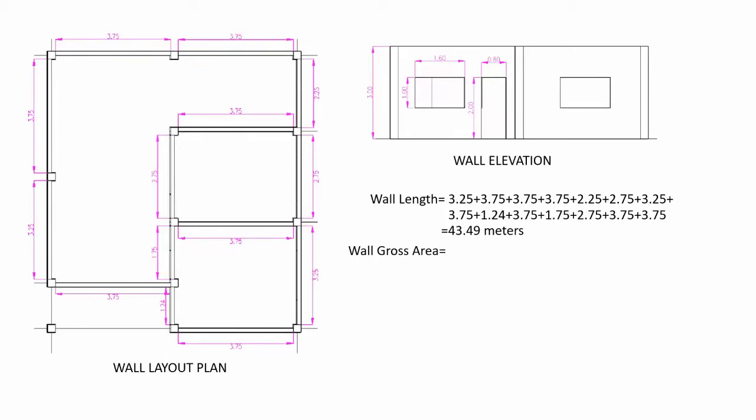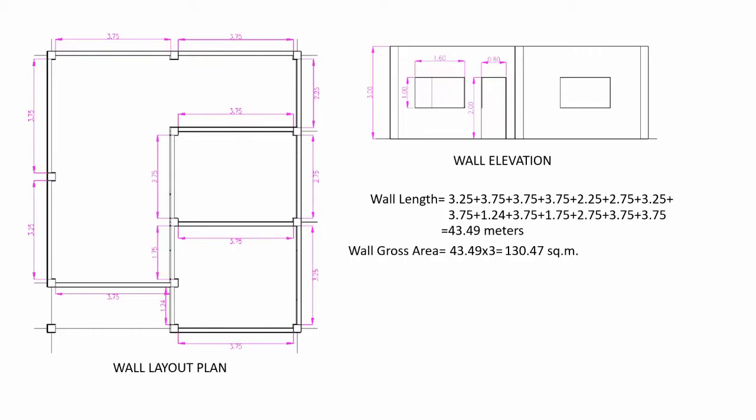Then the wall gross area is the total length times the vertical height of the wall, which is 3 meters. So 43.49 times 3 equals 130.47 square meters. This is the gross area because this includes the openings.